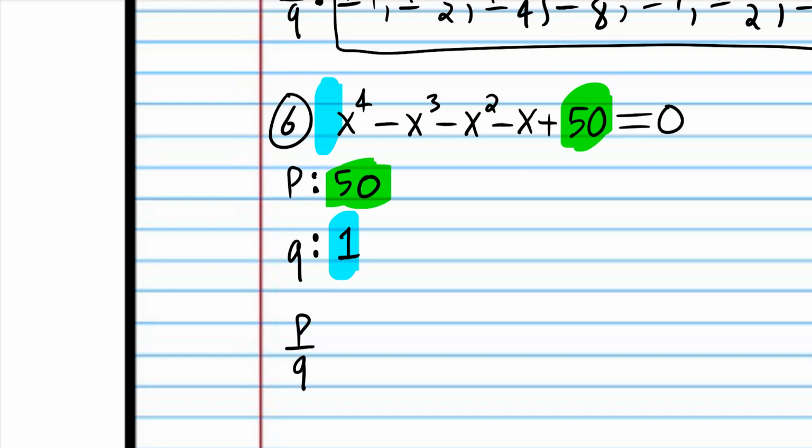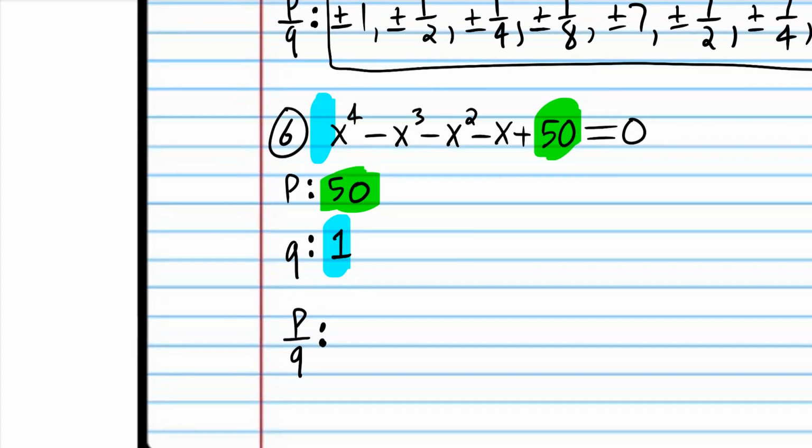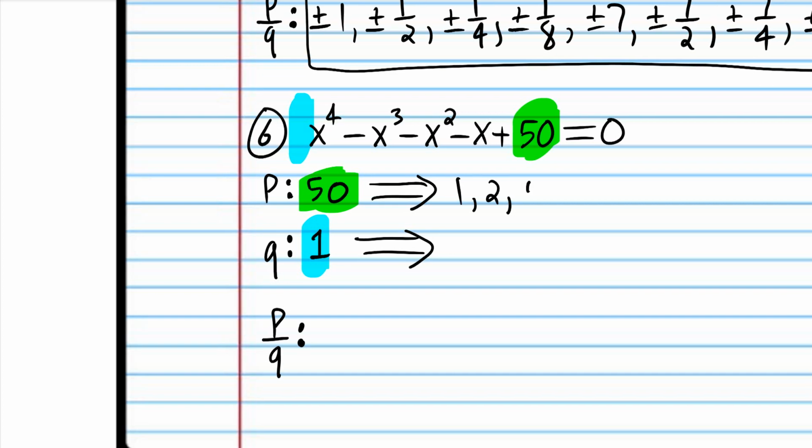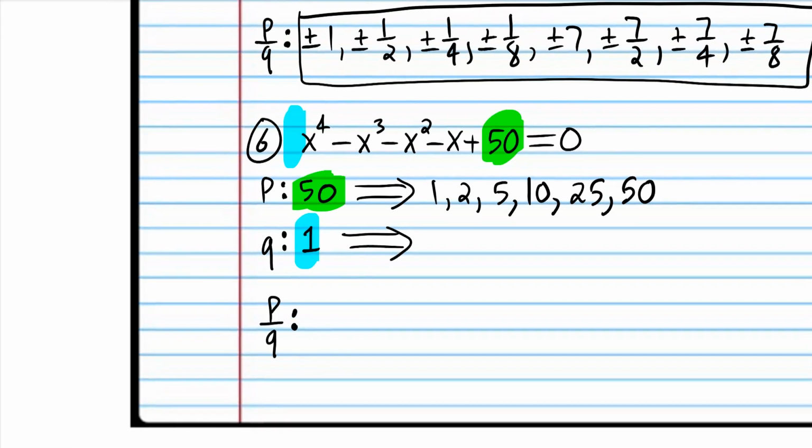And we're going to find all the possibilities for P over Q. So for 50, we have 1, 2, 5, 10, 25, and 50. Those are the factors. And for 1, we have just 1.